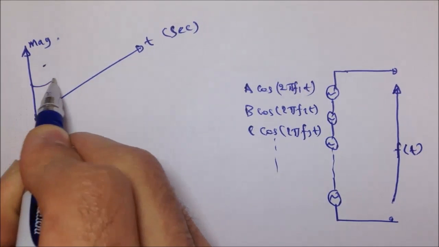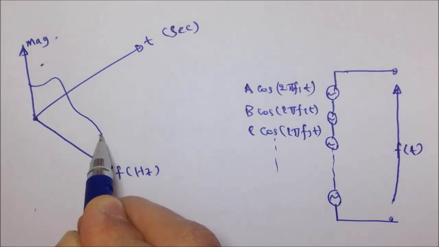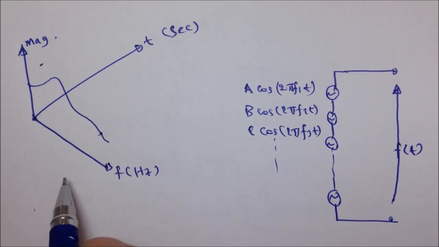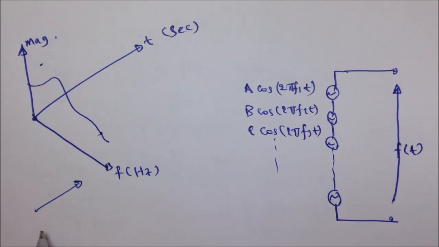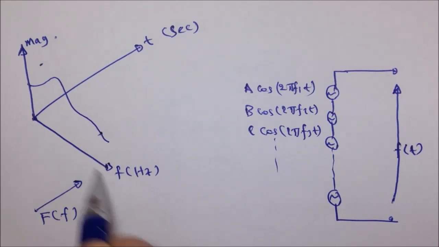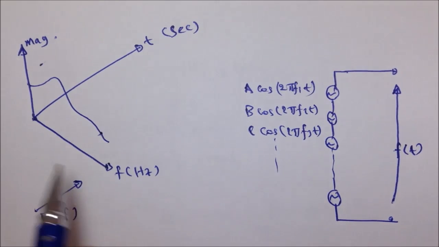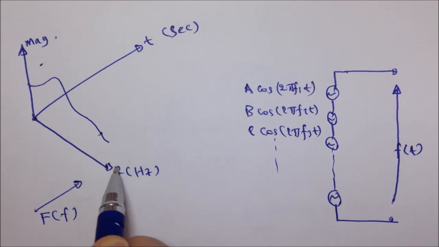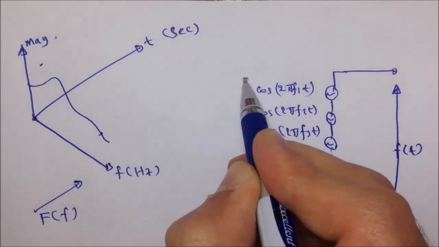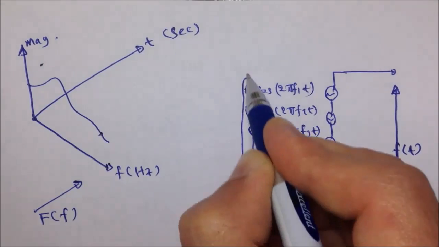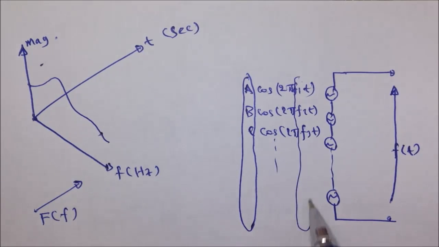So if this is the spectrum of f of t, let's call this plot F of f. This is a magnitude axis and this is a frequency axis. So F of f gives you the relation between the frequencies and the magnitude. These are the magnitudes and these are the frequencies.